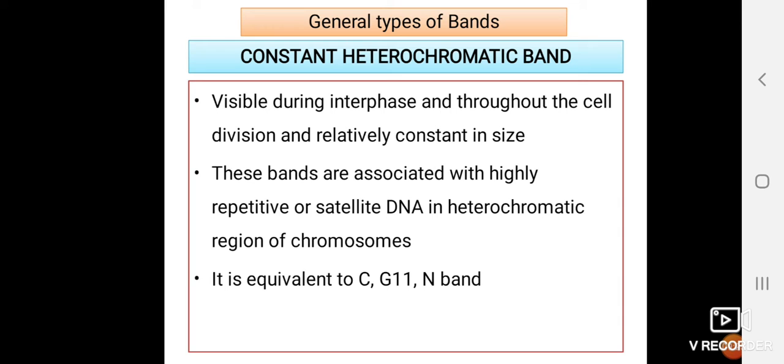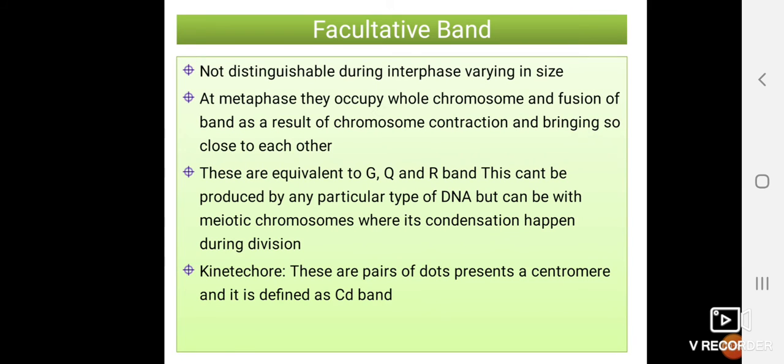There are other general types of banding. Constitutive heterochromatic bands are visible during the interphase. We can see them easily throughout the cell division, and these bands are associated with highly repetitive DNA in the heterochromatic region, and they are equivalent to C, G11, or even N banding. Then there are facultative bands, which are not distinguishable during the interphase, varying in size.